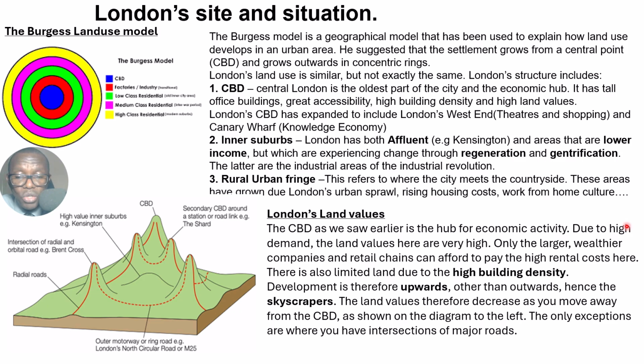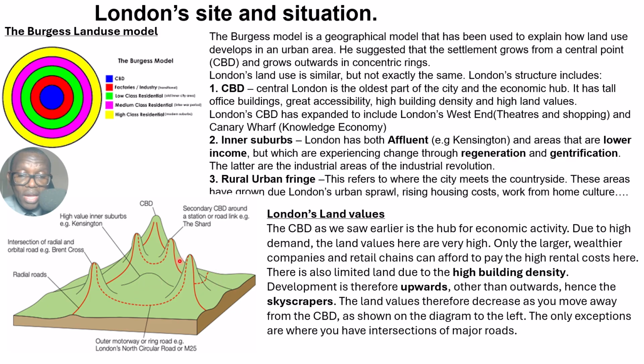Now, the land values will decrease as you move away from the CBD, as you can see here. These are lower peaks as you go further away from the CBD. Having said that, these are substantially higher than other areas which have got lower land values.